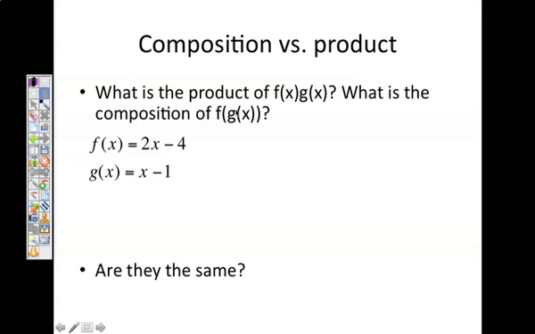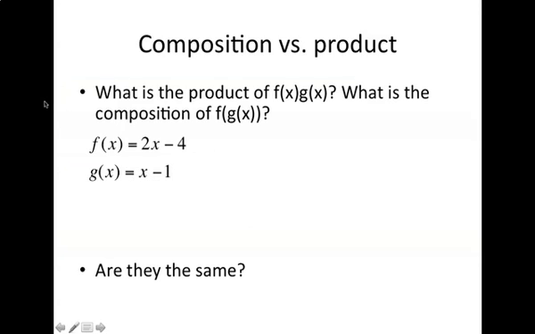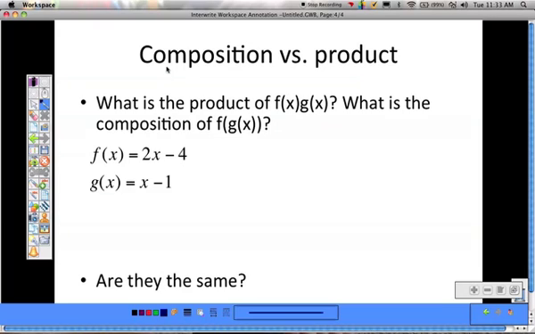Okay. Composition versus product. What is the product and what is the composition, and are they the same? So composition is doing one first, using that answer to get the next.